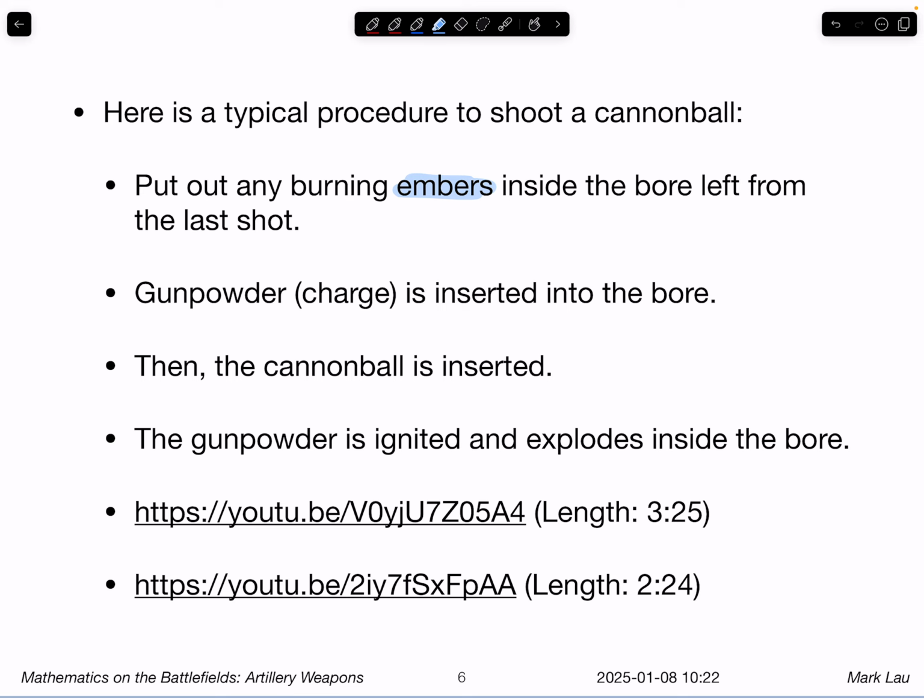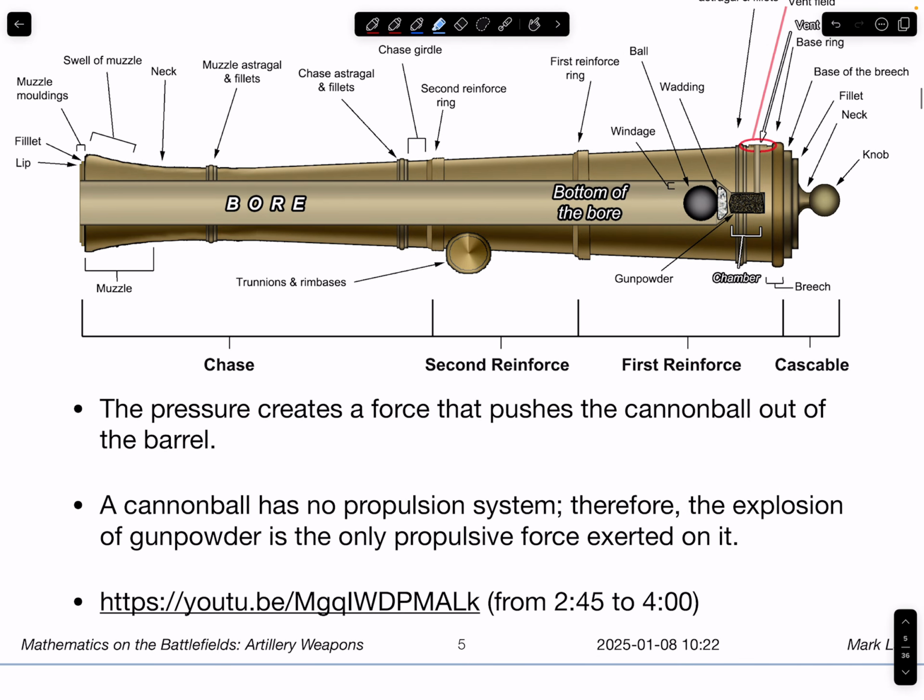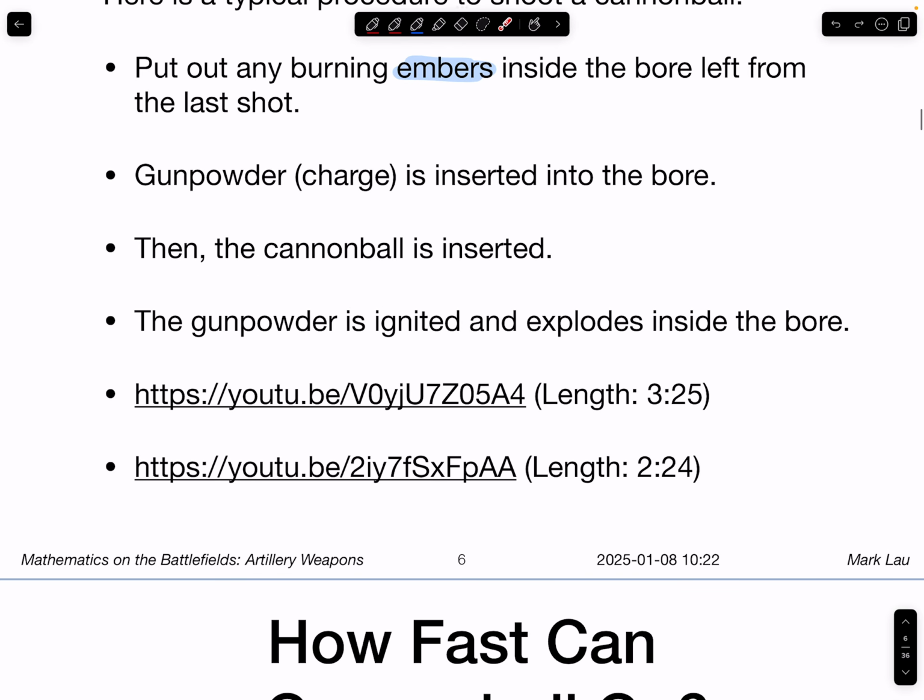Okay, so this basically means that after firing a cannonball, before shooting the next cannonball, we have to basically clean the entire bore so that there isn't any ignition. Or else if we try to insert gunpowder again inside this, the gunpowder will explode, right? And anyone who is putting the gunpowder inside will be in harm. Gunpowder is inserted, then the cannonball is inserted, the gunpowder is ignited and explodes inside the bore.